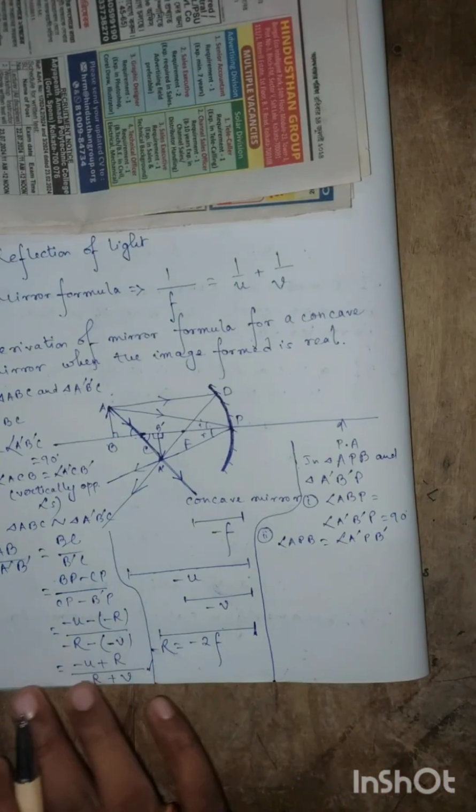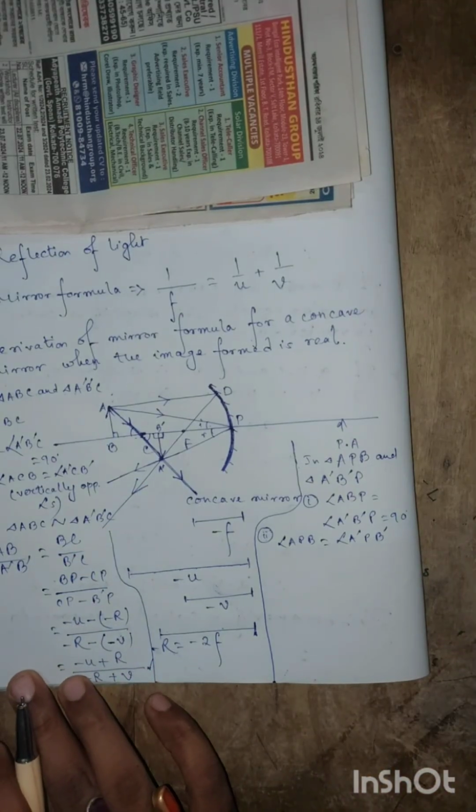So when two angles of two given triangles are equal, then we can say the third angle will also be equal.